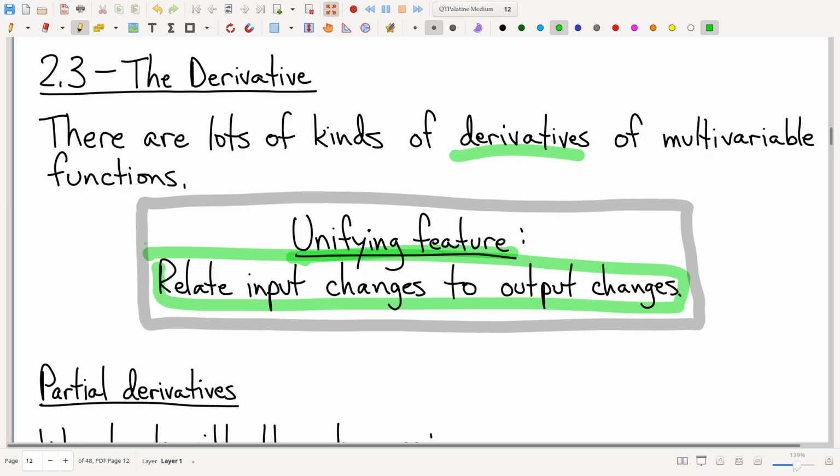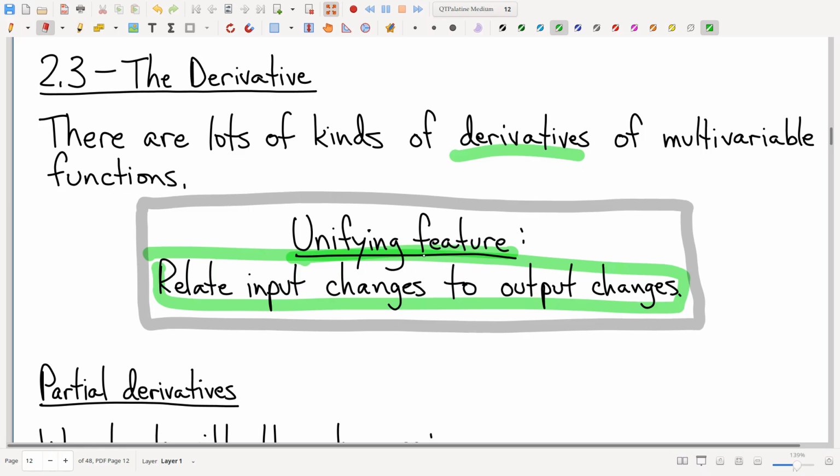If I had to make a top 10 list of most fundamental takeaways, this is on the list. Right? I think it's a really big deal. All derivatives, whether you're talking about partial derivatives or gradients or total derivatives or derivative matrices or derivative transformations, all these various different things that use the D word, in their ways, they all relate input changes to output changes.